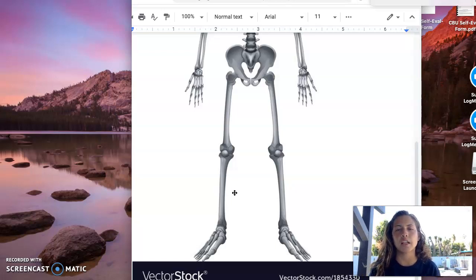When I was shadowing, we wanted to make sure we know all these bones and how they work, so that we know how we can push them and what's going to be best for them.